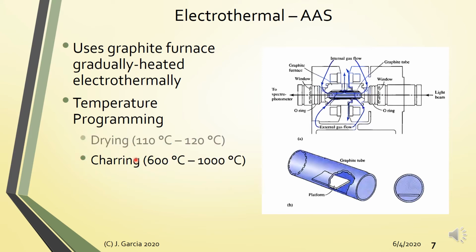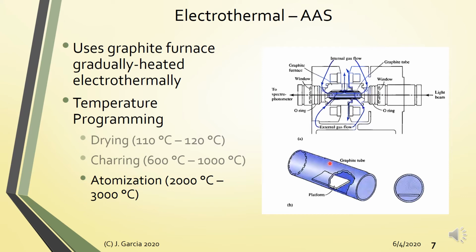In the charring step, you are increasing the temperature to between 600 and 1000 degrees centigrade, and the purpose of which is to remove combustible organic compounds. Usually for AAS we're interested in the analysis of inorganic elements. Then following charring, you now have your atomization. Here you rapidly increase the temperature to between 2000 and 3000 degrees centigrade, and this is where the analyte is converted into free atoms.